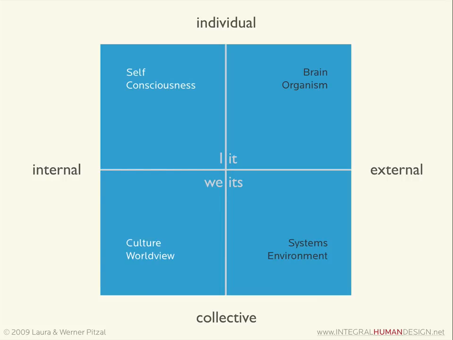On the lower left, we're always in the collective, internally connected to the collective through our culture and values and worldview. And on the lower right, we're living in the collective, externally, in systems, in a certain environment that we perceive as outside of us.